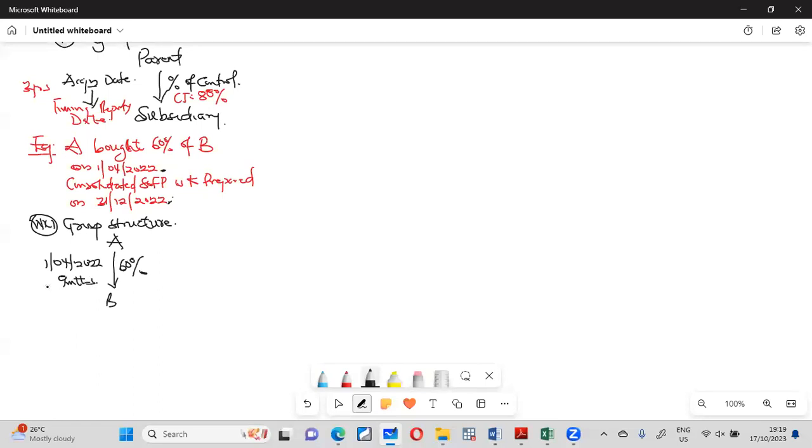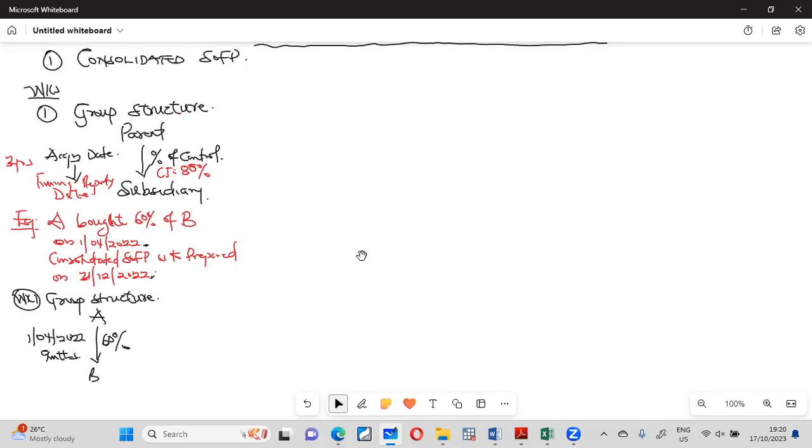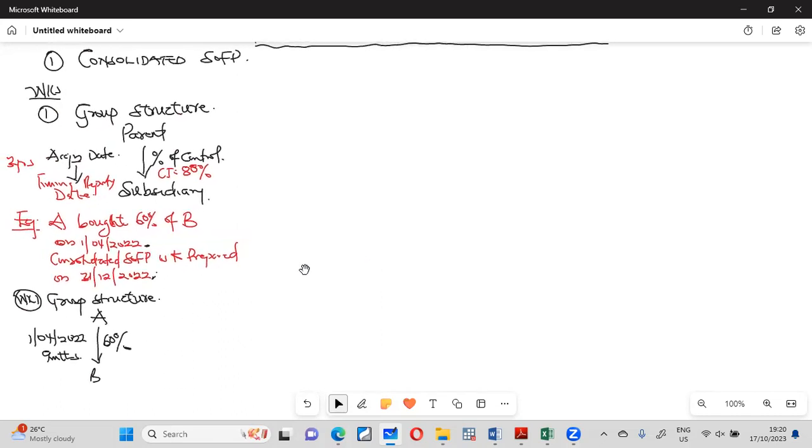Crucial. So this is how your workings 1 will look. Please, any question on the workings 1? All right. So that is how it will look. Then, when we are done, we move on to our workings 2.